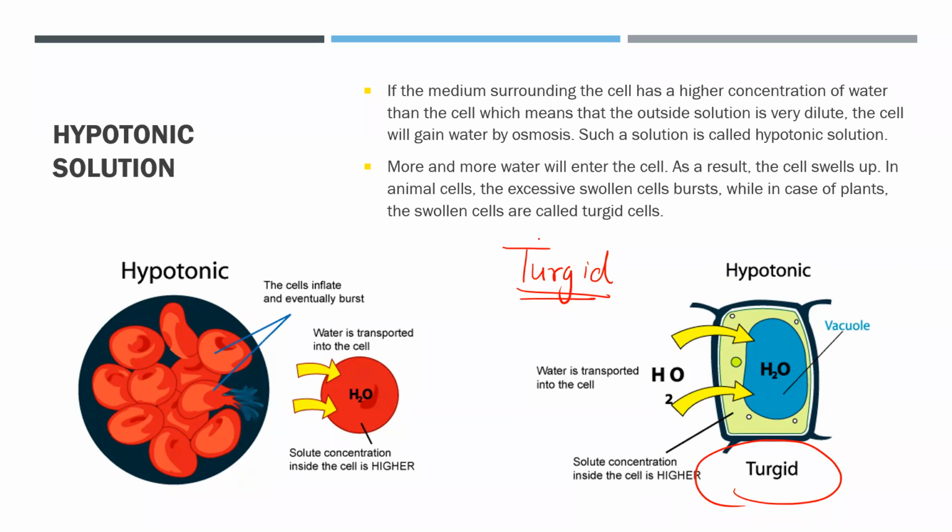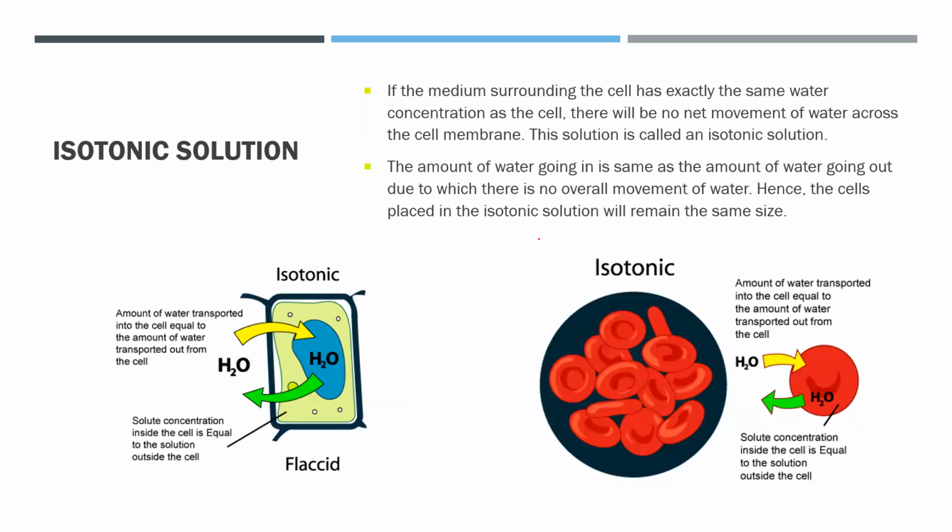Turgid. In the case of the isotonic solution, we also studied the part in which the movement of the particles in and outside was the same. That means the amount of water that was leaving the cell was equal to the amount of water entering the cell.